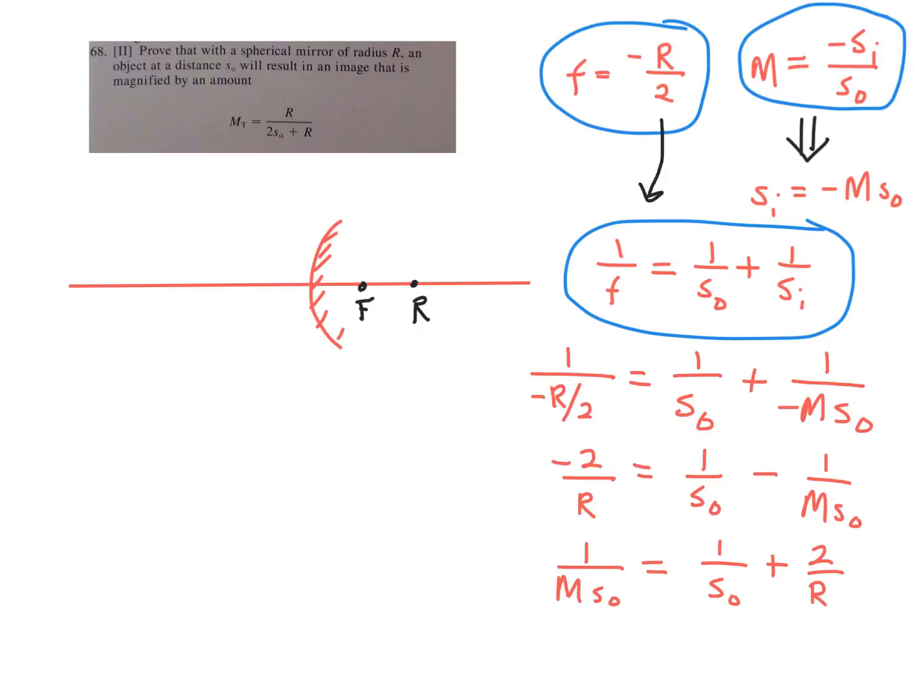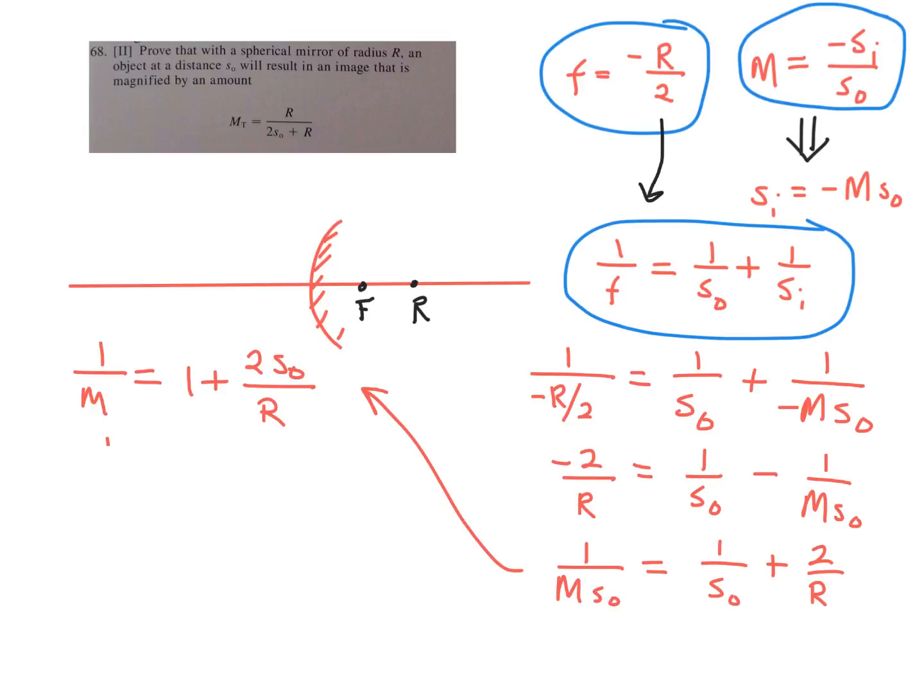One thing you can do here right now is multiply all the way through by s sub o. I'm going to do that and come back up here to the left. Multiply all three of those terms by s sub o. So on the left-hand side there, you'd get 1 over m equals 1 plus 2 s sub o over r. You can maybe see this taking form now.